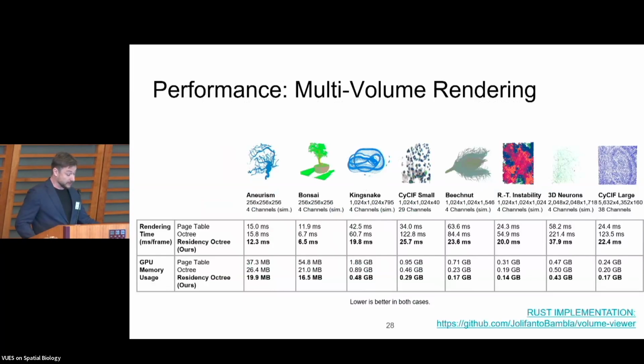And in all of the benchmarks that we have here, not all of them are immunofluorescence datasets. Some of them are just datasets that we find out there as a benchmark, and we can also create multiple volumes artificially out of those. But we also have two decisive datasets here in our benchmarks. And in all of them, the residency octree outperforms the page table and octree, both in rendering performance and GPU memory usage.